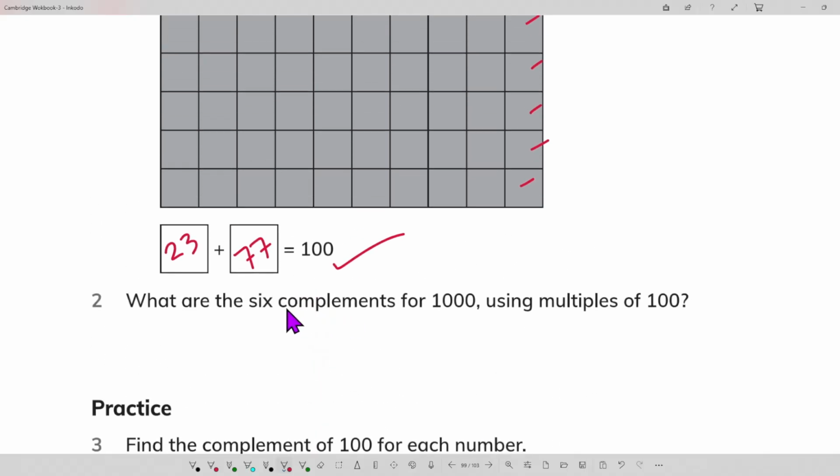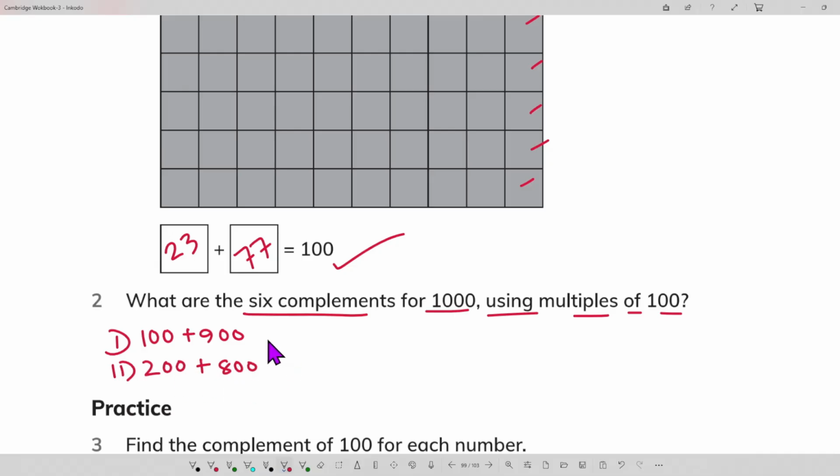Write the six complements for 1000 using multiples of 100. Interesting thing, suppose 100 plus 900 equals 1000. Then 200 plus 800 also 1000.